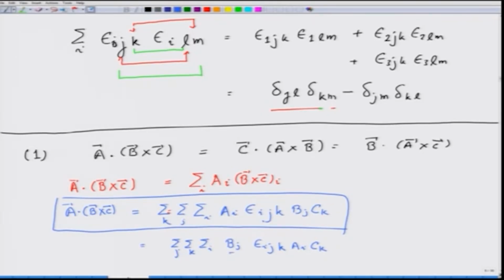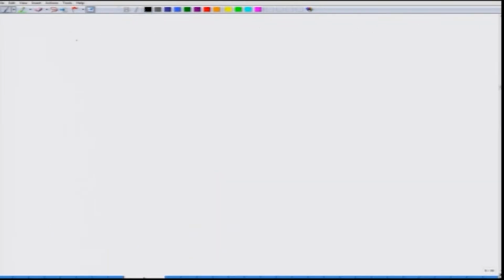So, now I will sum over B_j later, and I will first sum over i and k. So, what have we got? We have got A dot B cross C is equal to summation over j B_j epsilon_ijk A_i C_k.